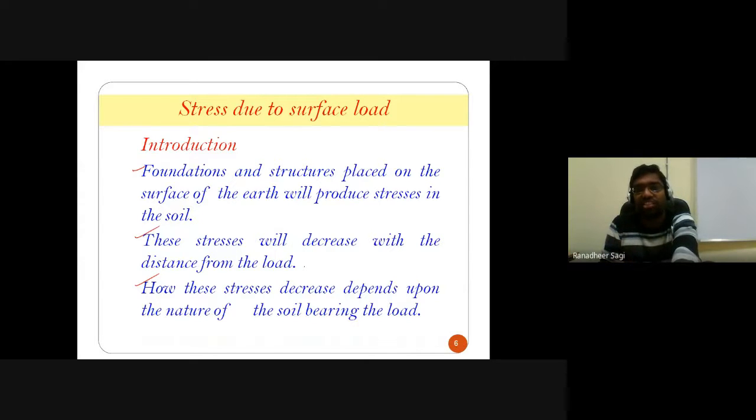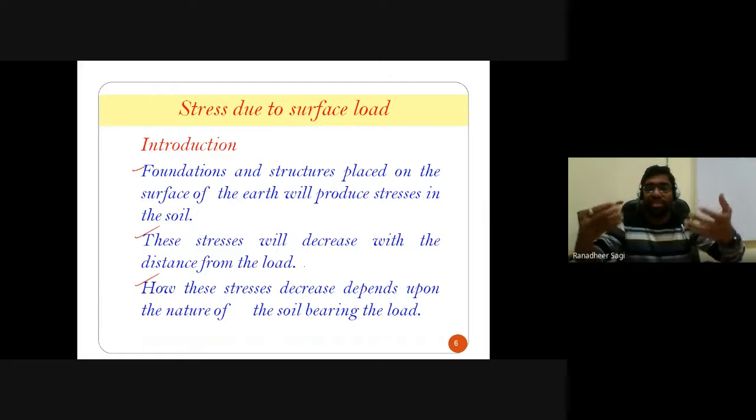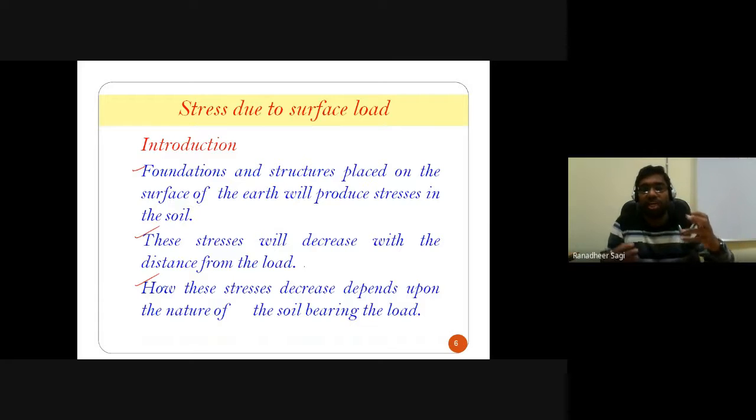So automatically the stresses transferred into the deeper layers would start decreasing, as the load carrying capacity of the soil above is relatively more. If the soil above is not carrying more load, then automatically that soil says, I'm not able to carry the load, so the soil below has to take the responsibility of taking that load, whatever is getting transferred from your superstructure or from the foundation of that particular structure.